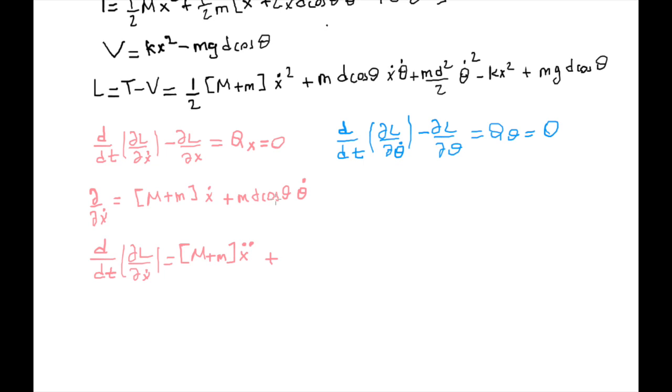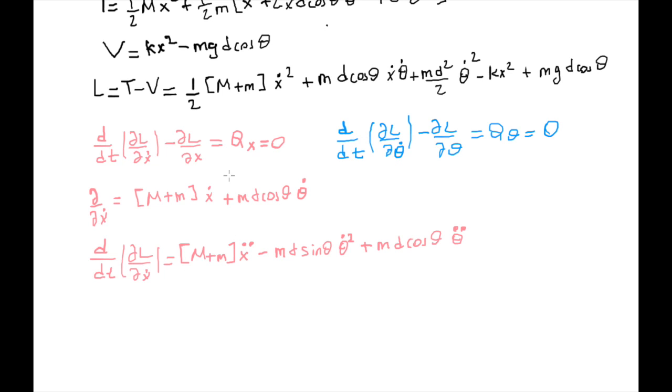In this case, both cosine theta and theta dot depend on time, and the derivative of cosine theta is of course minus sine theta theta dot. So it's going to be minus m d sine theta, now theta dot, but another theta dot I have here, so theta dot squared. This is for the cosine theta, but I should also take the time derivative of the second term, so plus m d cosine theta theta double dot. Okay, great.